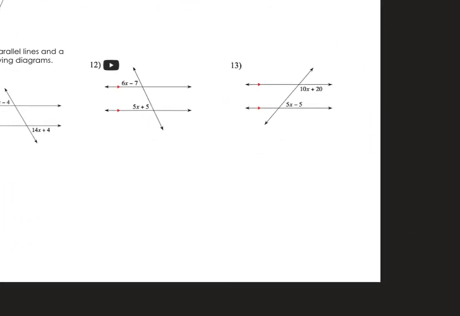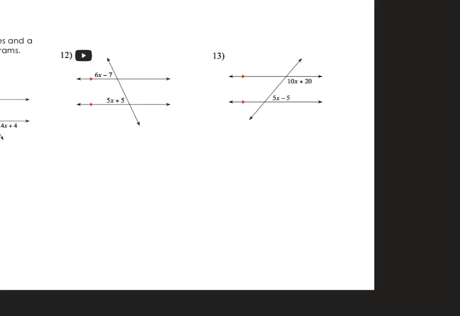Okay, so now number 12. These are corresponding angles, which means they are congruent. So to solve, we're going to do 6x minus 7 equals 5x plus 5. And now we solve. So I'm going to put my variables on the left, my numbers on the right.